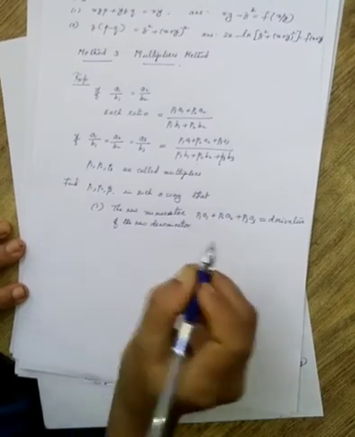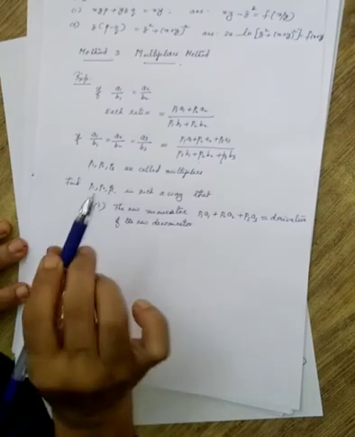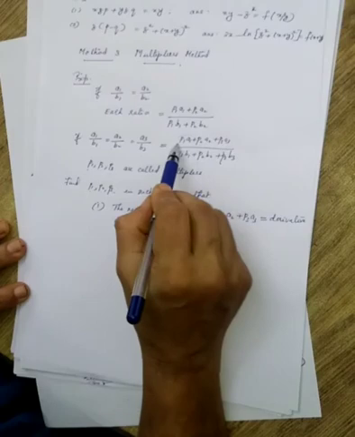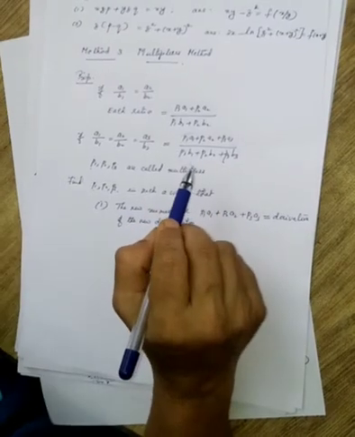That is the first condition. We are selecting p1, p2, p3 in such a way that the numerator should be equal to the derivative of the new denominator. So this is one possibility.